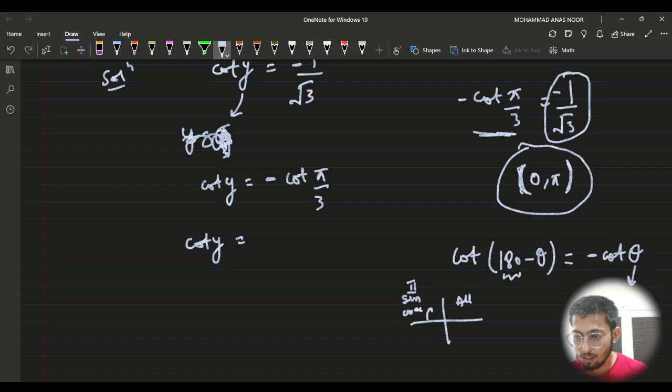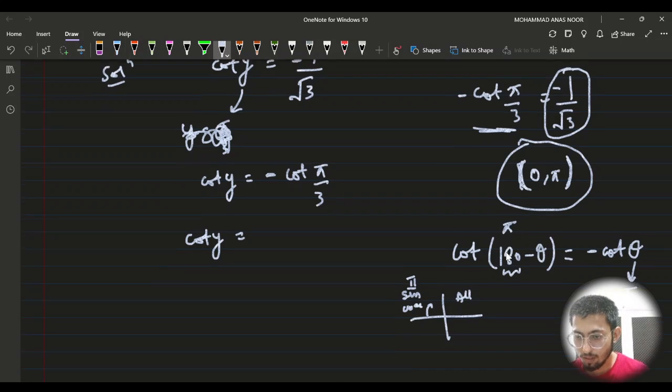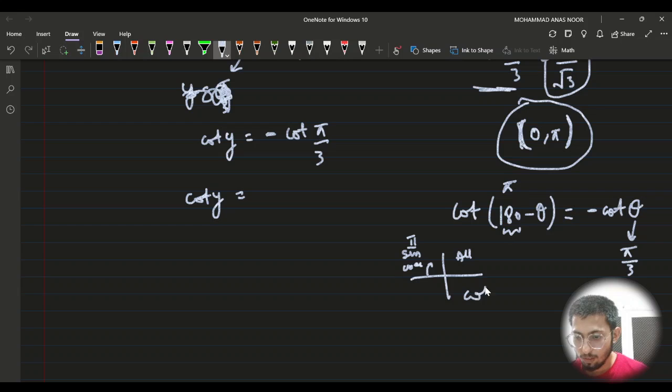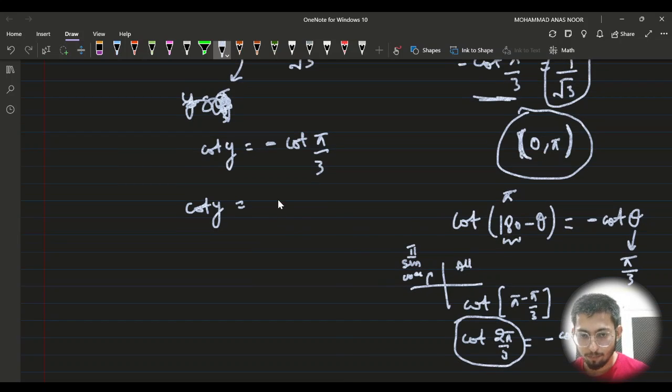If theta is pi by 3, and 180 is pi, what you will get here is cot of pi minus pi by 3. So that means cot 2 pi by 3 is equal to minus cot pi by 3. Now you can put in, so x will be pi by 3.